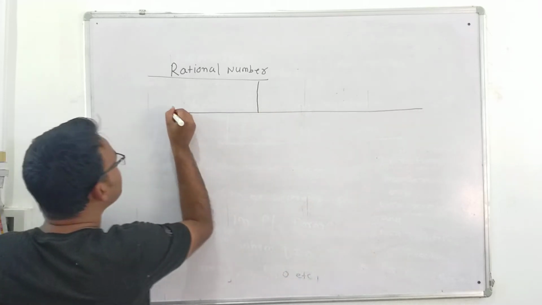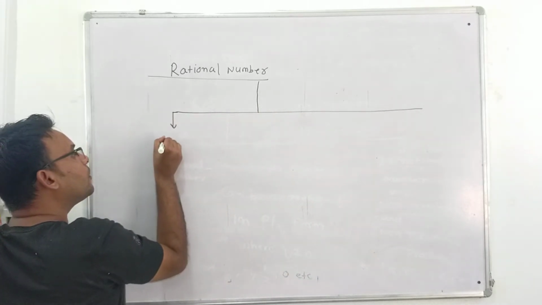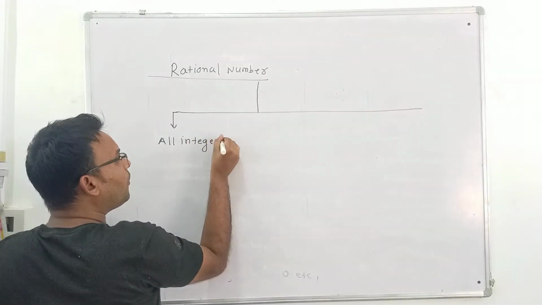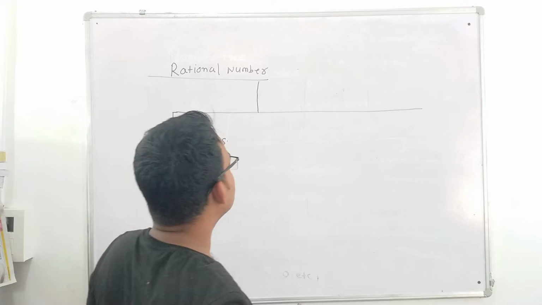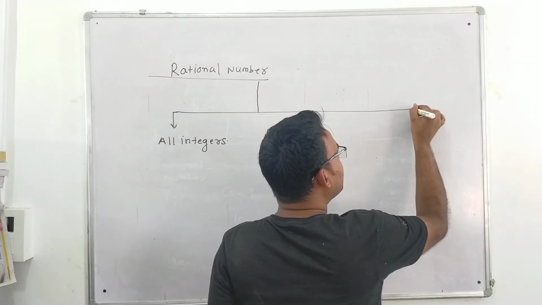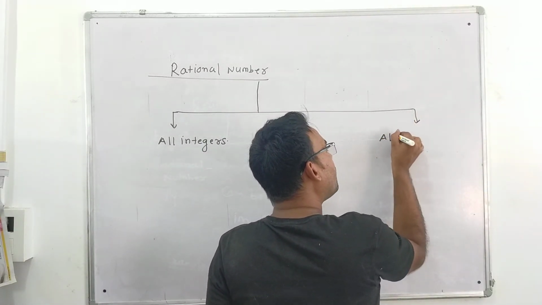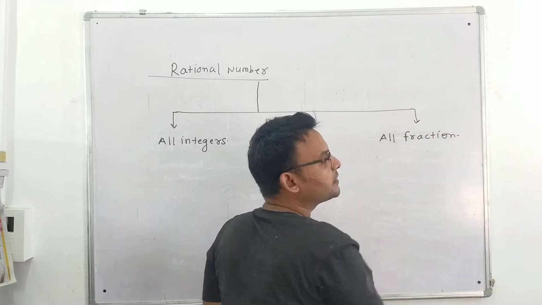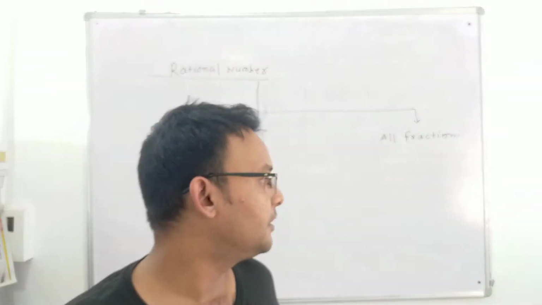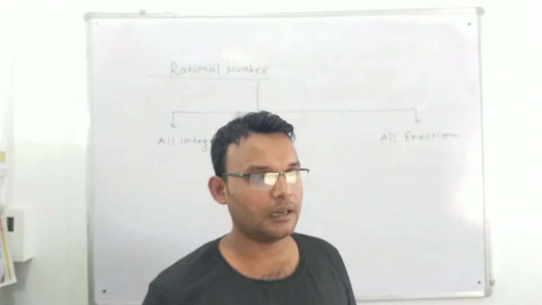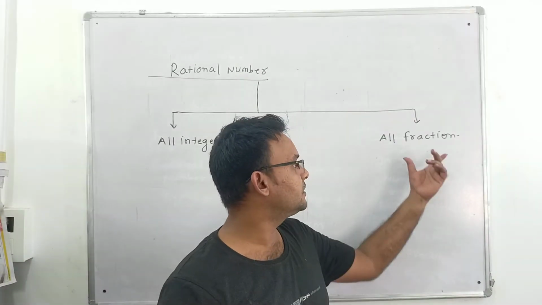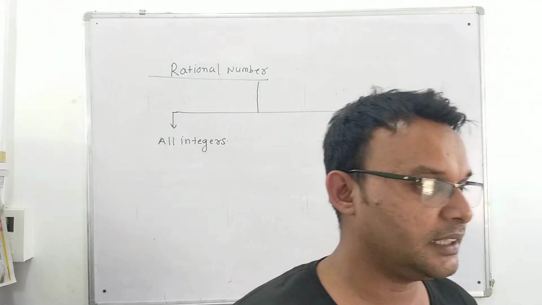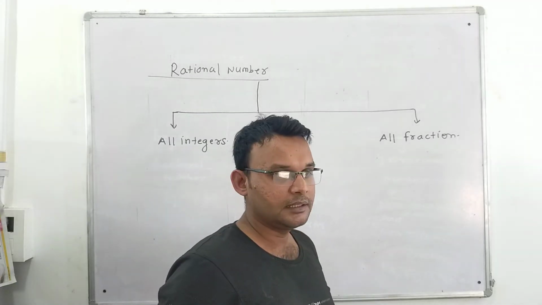This rational number includes all integers and all fractions. All integers are rational and all fractions are rational, but there is some exception in case of fractions. Later we will deal with that.